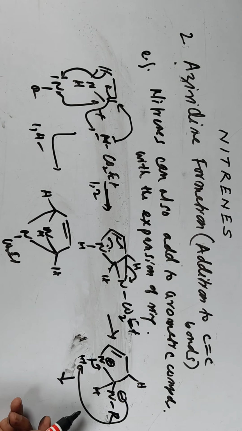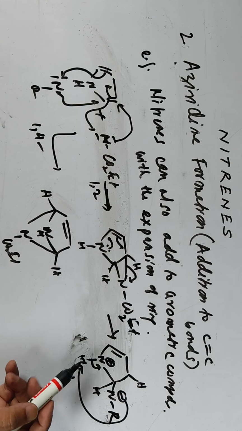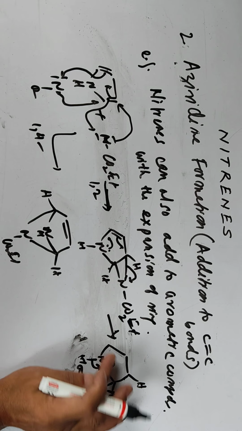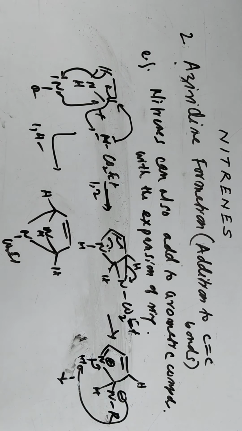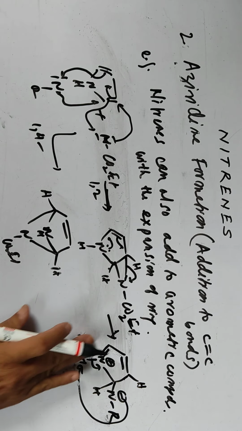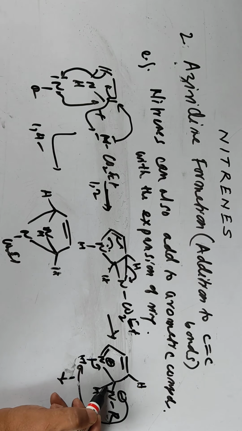So this product will give this one. You get a double bond here and a double bond here. Now this picks up the proton, then the N-CO2Et, and it goes like this.